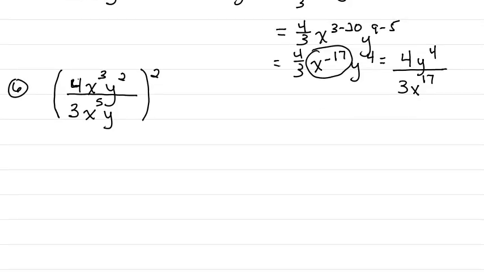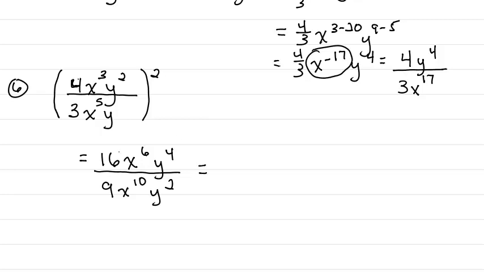Alright, and let me do the last problem here. When you start with the square on the outside, take care of everything on the inside first, and then do the simplifying. So I've got 16 x to the 6th, y to the 4th, and 9 x to the 10th, y to the 2nd. For the 16 and the 9, there's nothing I can cancel, so I'm going to leave that as 16 ninths.